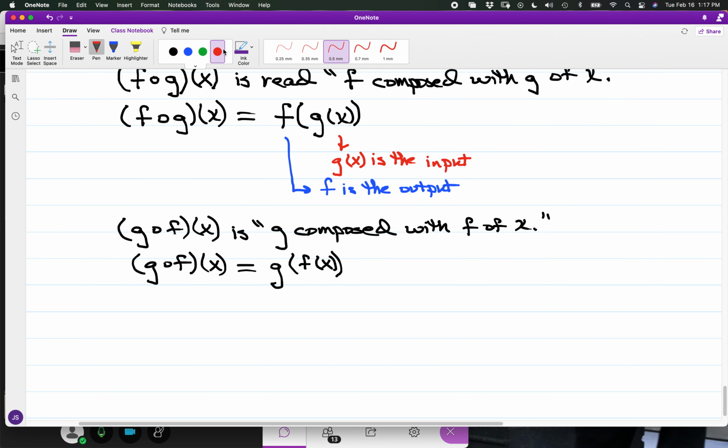So now we have f of x as the input. And in the case of g of f of x, g is going to be the output.